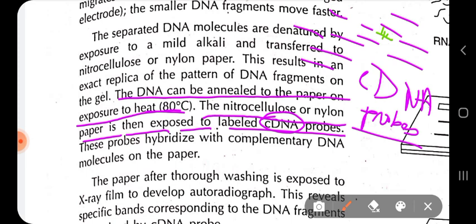Why? For easy identification. If you tag that probe with radioisotopes, then it can be visualized in autoradiography where hybridization has taken place. If you label the probes with fluorophores, they absorb and emit light within certain wavelengths, so we are able to detect them.